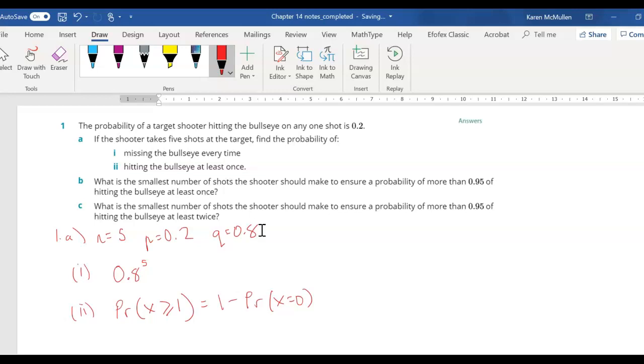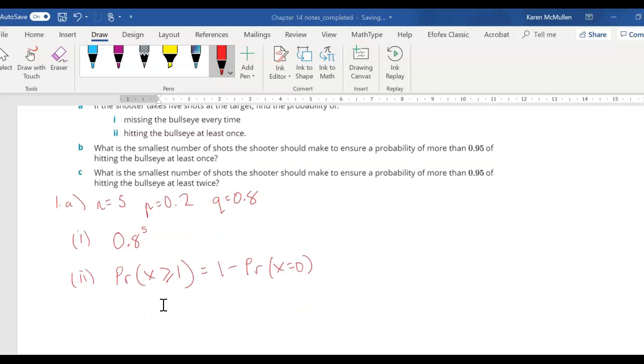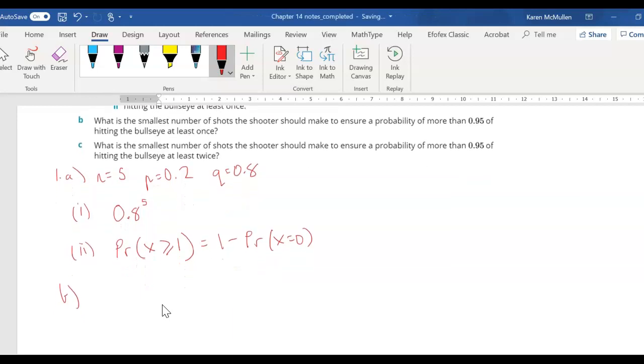You can do it as binomial CDF or binomial PDF, depending on whether you want to do lower limit 1, upper limit 5, or you could just do 1 minus X equals 0. So there are 2 ways you can do that, and I'll leave you to finish that on your calculator so we can get stuck into question B.